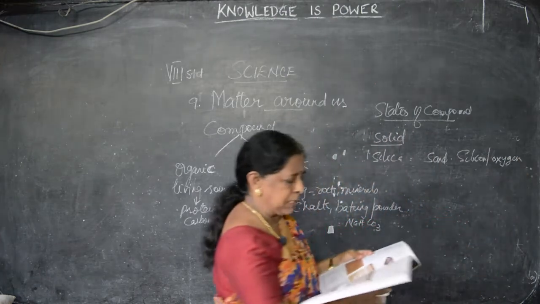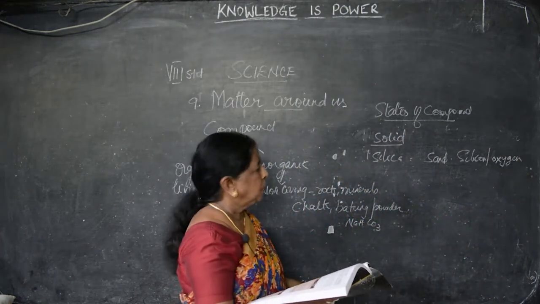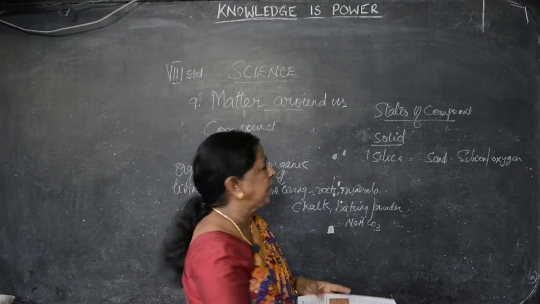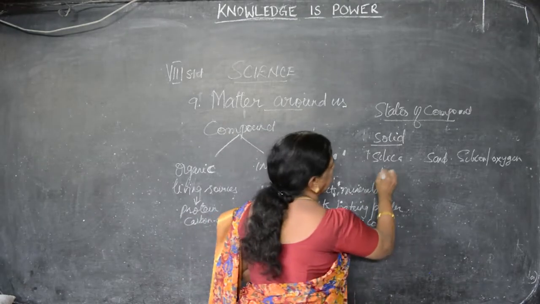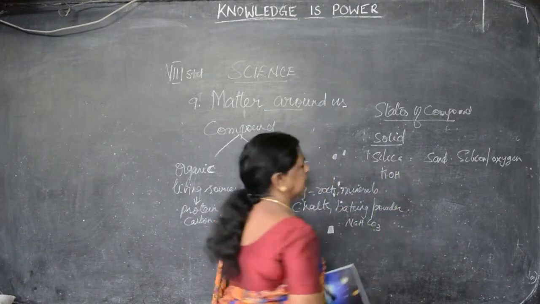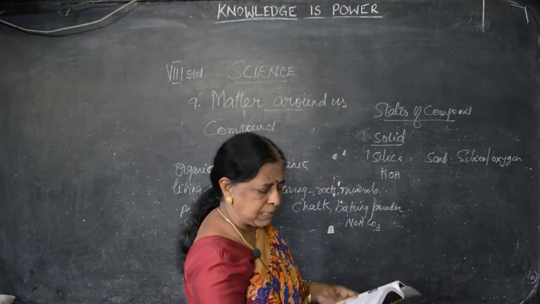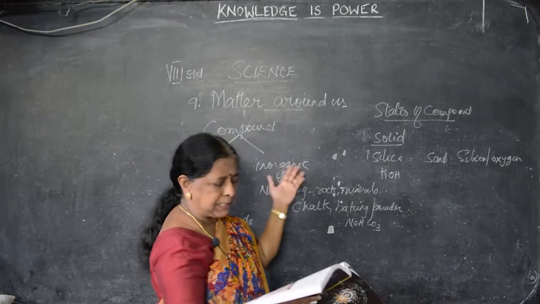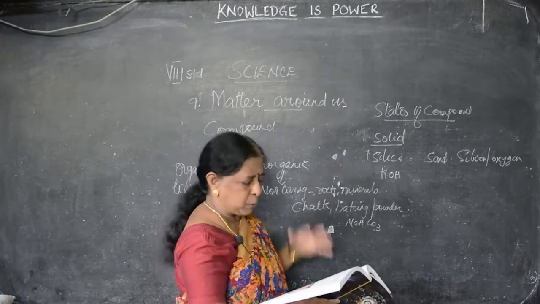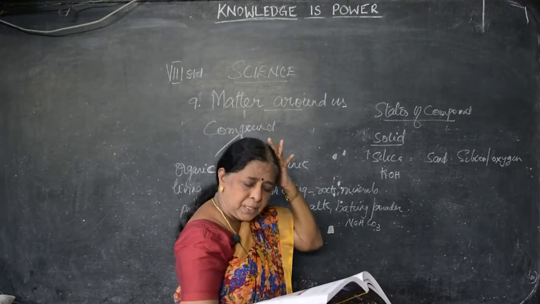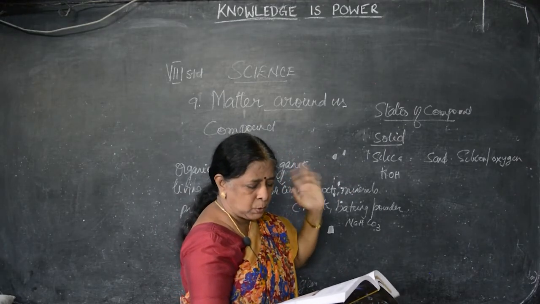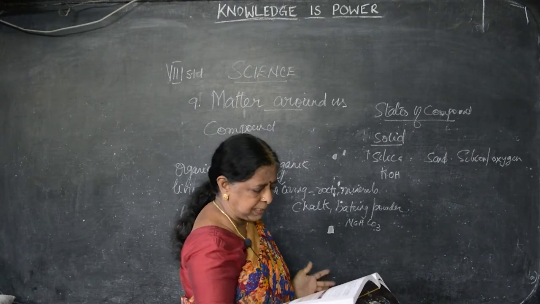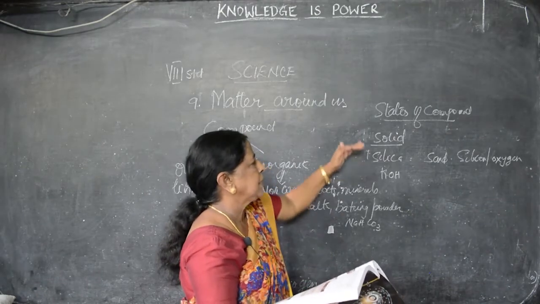Next one is potassium hydroxide. Potassium I said already, K, Kalium, hydroxide, OH, potassium hydroxide. What are the things present in that? Potassium, hydrogen and oxygen. The same like sodium hydroxide, caustic soda, sodium, oxygen and hydrogen, copper sulfate, zinc carbonate. So what are the solids?